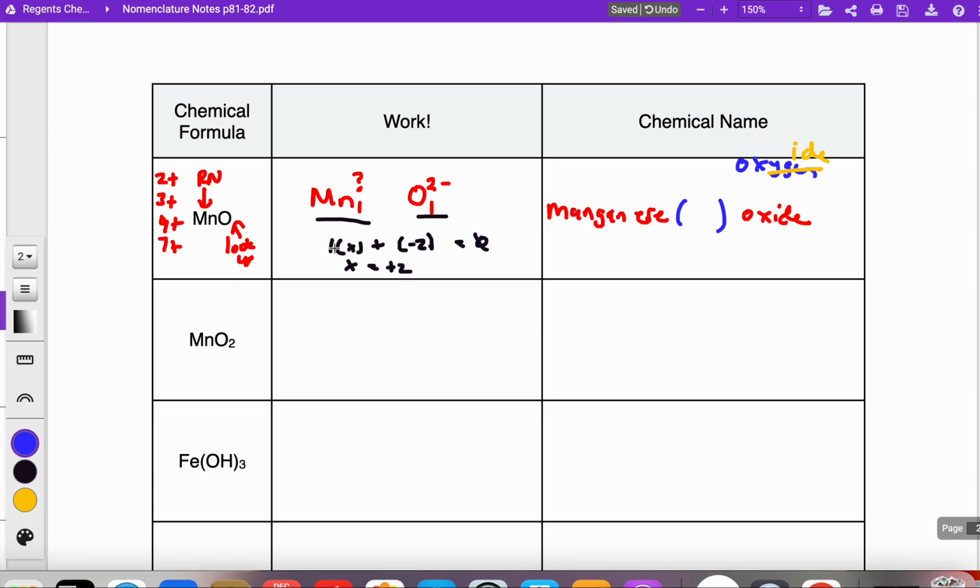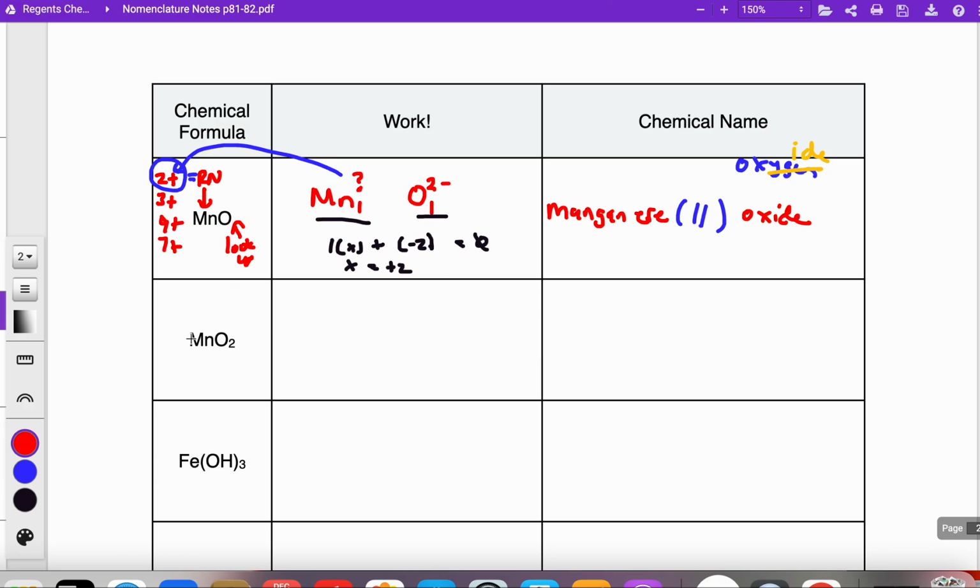When we solve this, the best fit is this one here, and that equals the Roman numeral. Since the manganese is using a +2 charge, our Roman numeral is Roman numeral 2, because Roman numeral 2 means +2 charge.